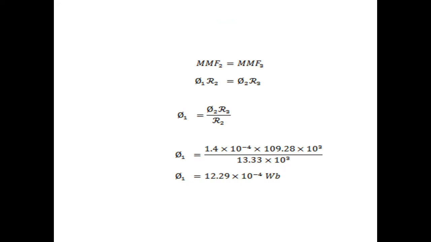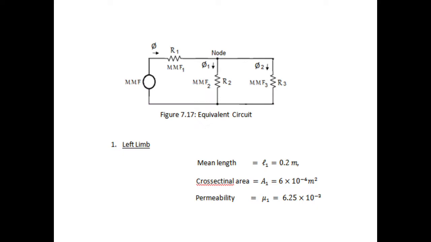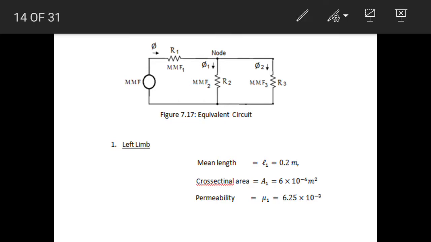Okay, so phi 2 is known and phi 1 is unknown. What we do, we apply a law which is analogous to KVL to loop number 2.